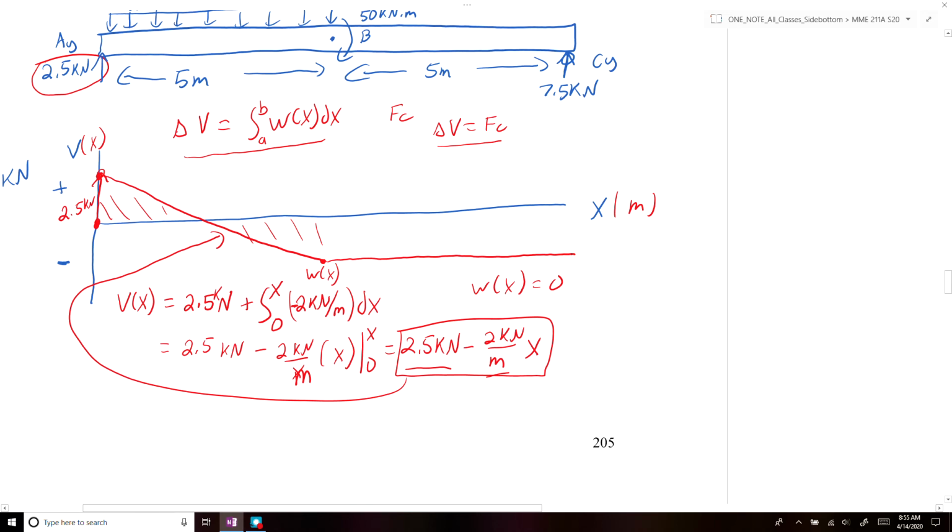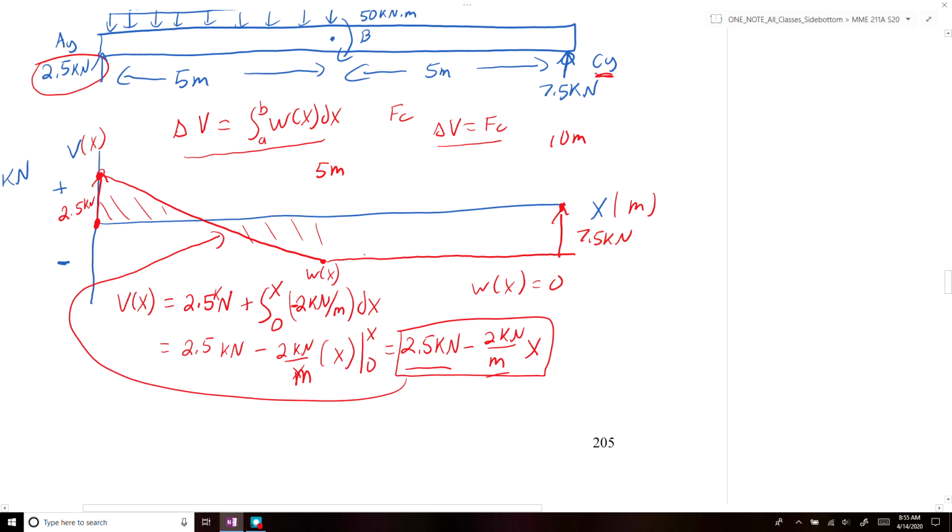Then at point C here at 10 meters, we have to include our concentrated force due to Cy, and we'll add that up. Cy is equal to 7.5 kilonewtons.